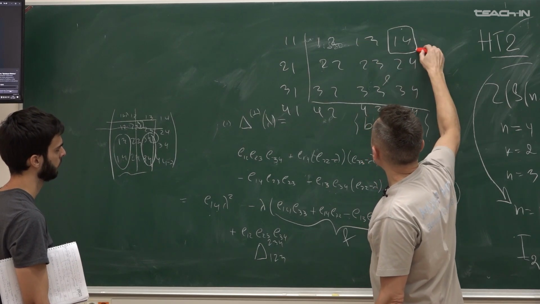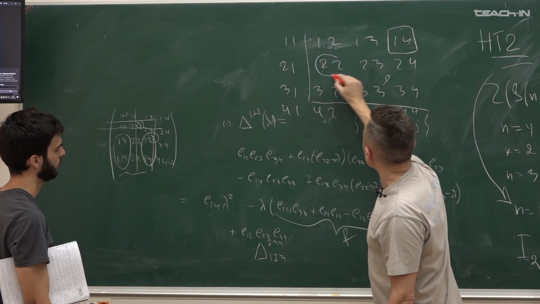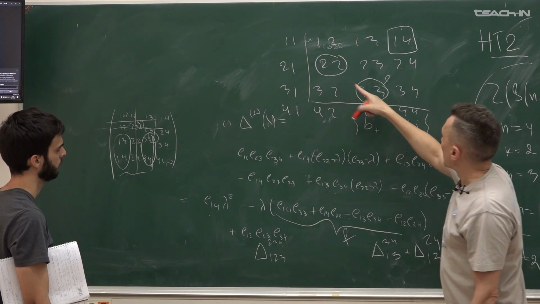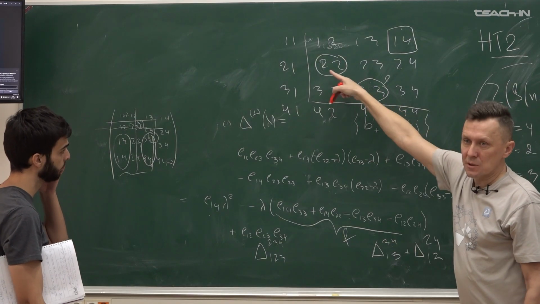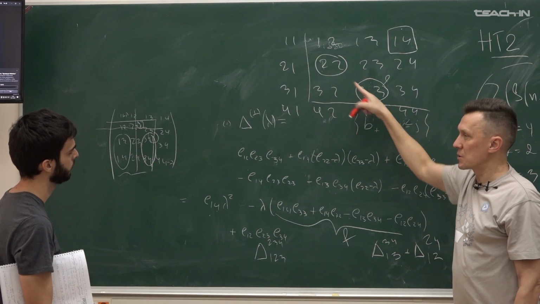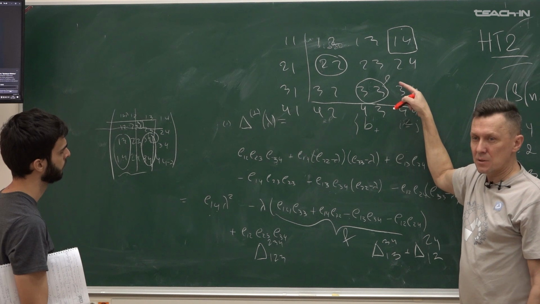One of them is this, and the second is given by additional minors to this element, the algebraic complement to these elements in this matrix.